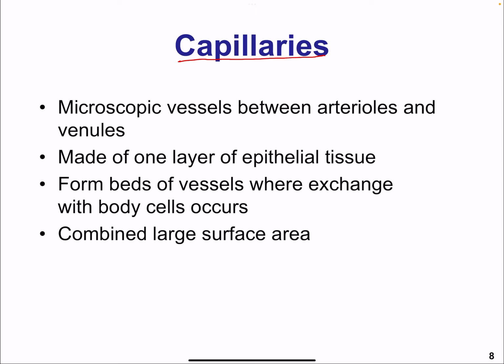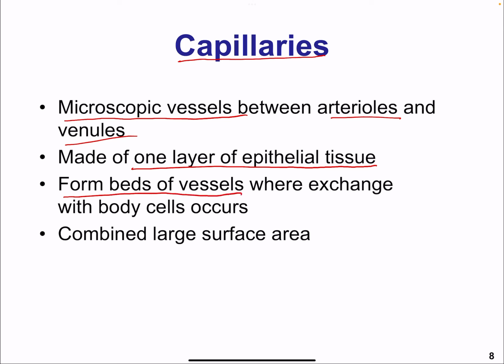So there are microscopic vessels between arterioles and venules, that's where you find them. Okay? They are made up of one layer of epithelial tissue that we call endothelium, right? They form beds of vessels.